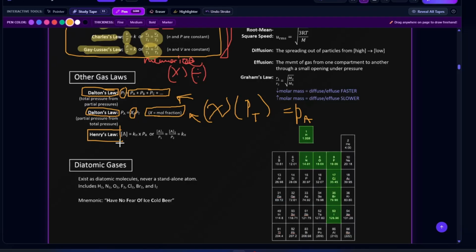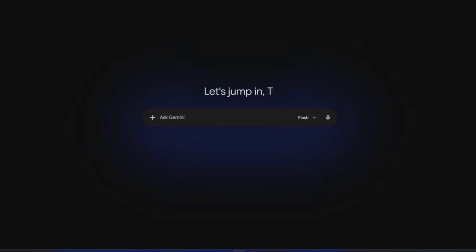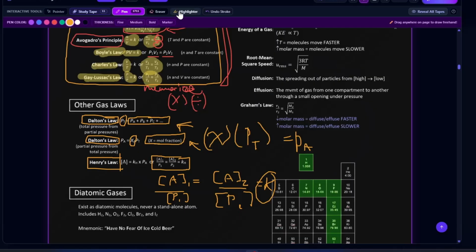And then Henry's law is basically about concentration. Sometimes I've seen people use C to represent concentration, but this one's using A. It shows how concentration changes lead to a difference in pressure and change in K. One thing I want to highlight about Henry's law is this K_H right here.